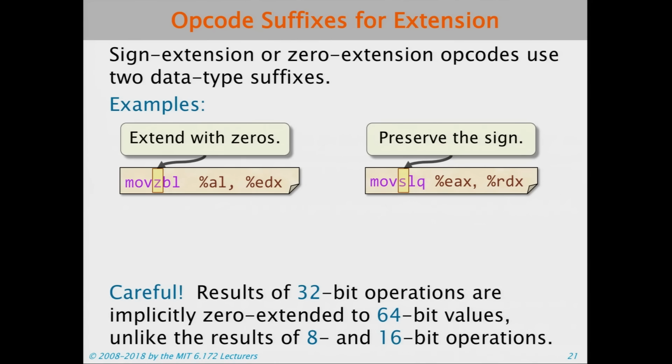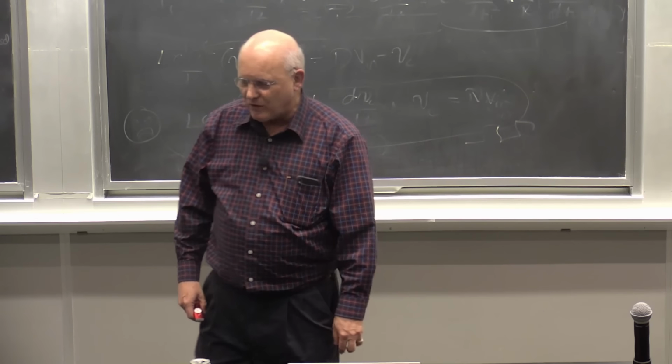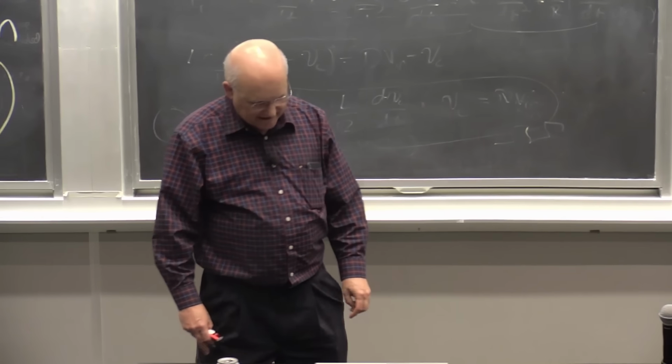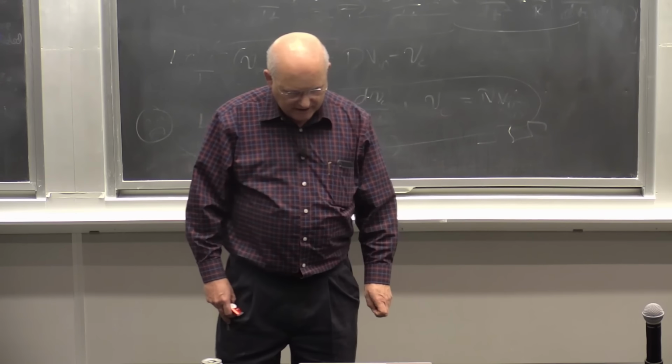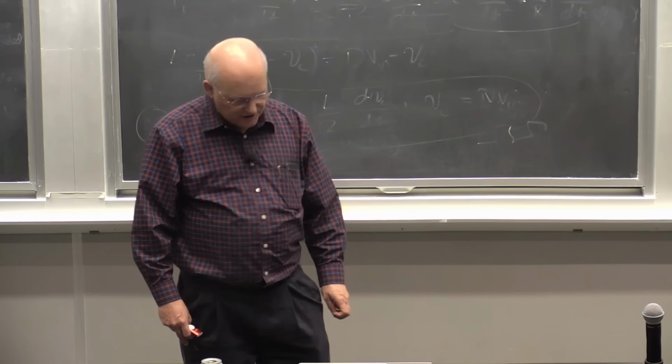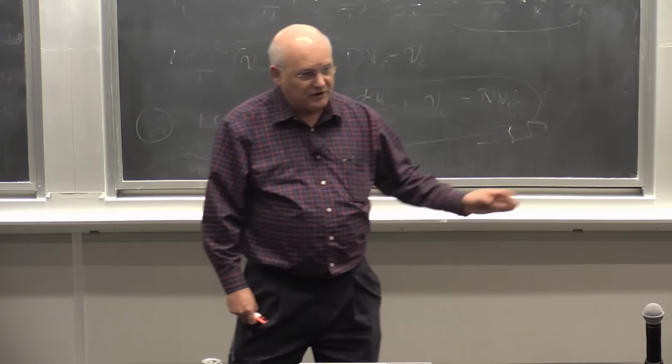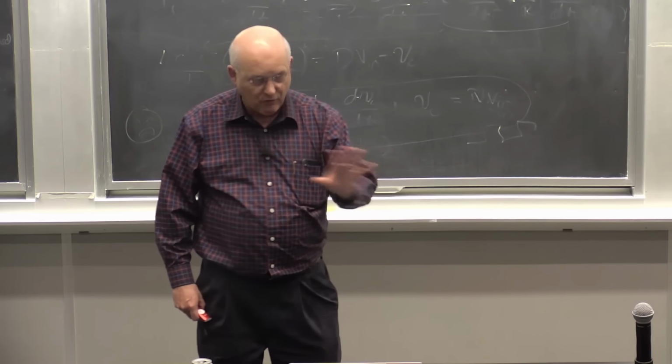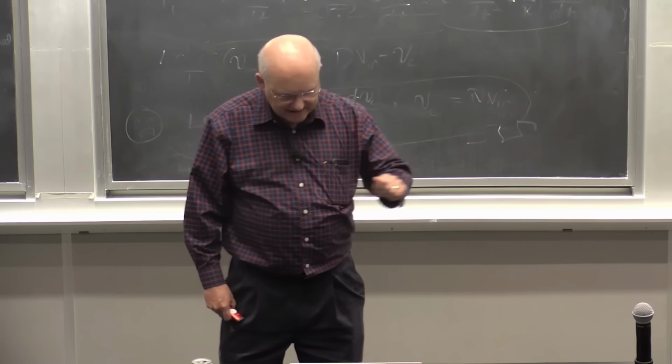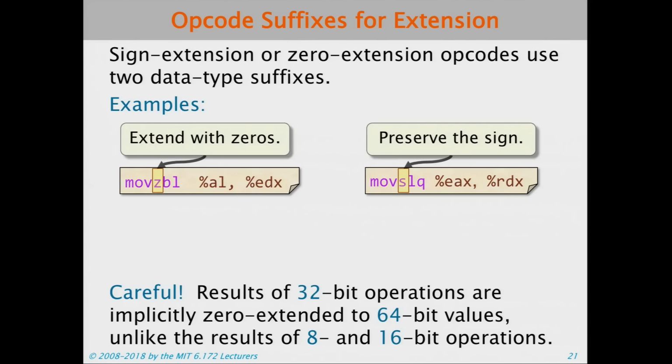Okay, so that's the thing. Now, that would all be well and good, except that if you do 32-bit operations where you're moving to a 64-bit value, it implicitly zero extends. If you do it for smaller values and store it in, it simply overwrites the values in those registers, doesn't touch the higher order bits.